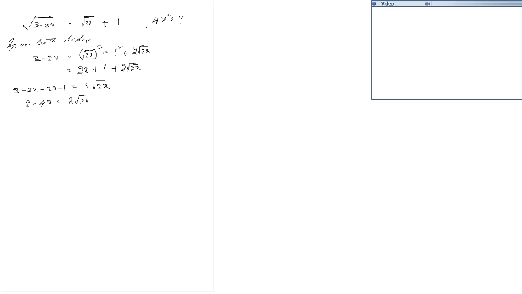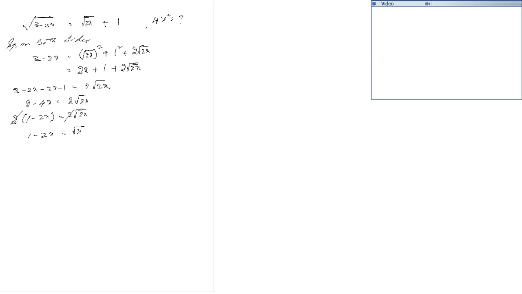Then again we do whole square, but don't do whole square now. What I suggest is take out 2 common across. So I can do 1 minus 2x is equal to root 2x. So 2 is gone. Now I have 1 minus 2x is equal to square root of 2x.